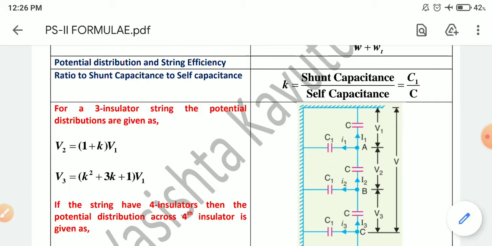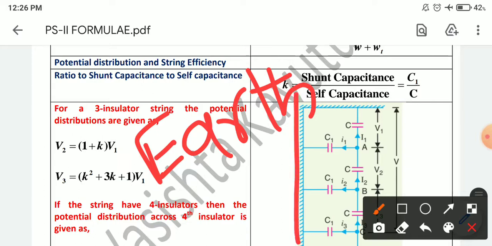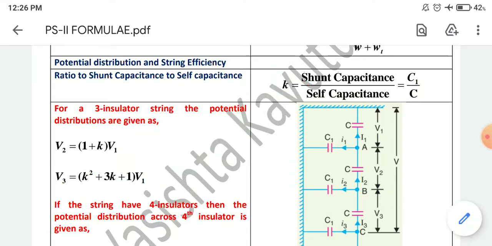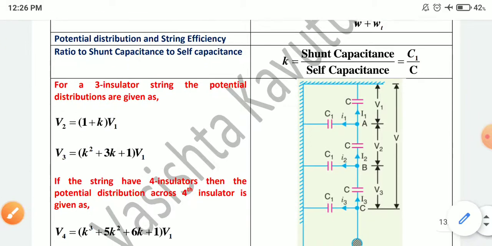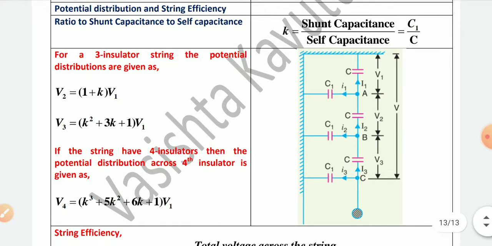The other name for shunt capacitance is earth capacitance. Earth capacitance and shunt capacitance are the same because the tower is generally assumed to be earth. That is why C1 is formed between the metal link and the tower. Therefore, shunt capacitance can also be called earth capacitance. You have to understand the term, and the k value should always be a fraction.